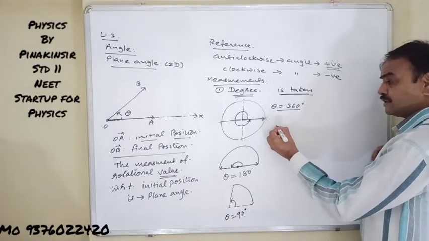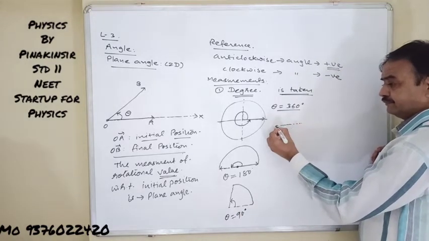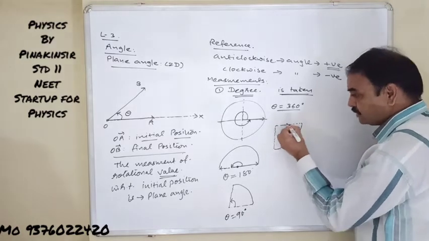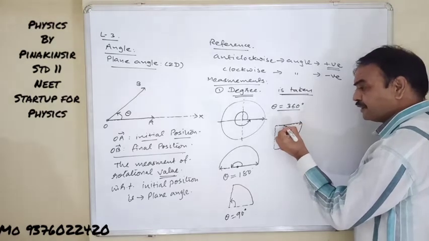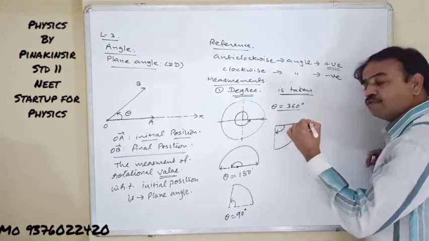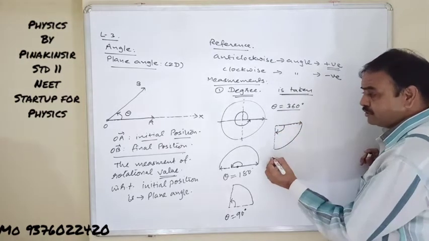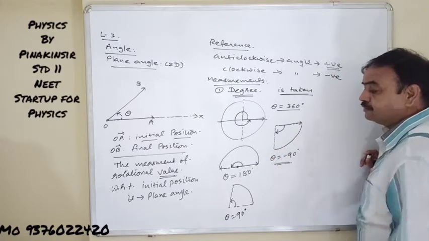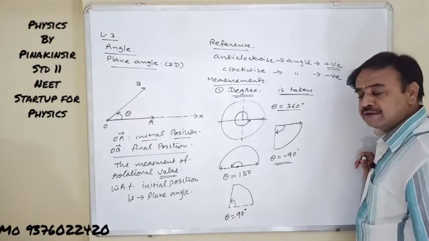If it rotates anti-clockwise like this, starting position somewhere here, then this rotation is taken to be negative. Mind well, then the angle will be equal to minus 90 degree.